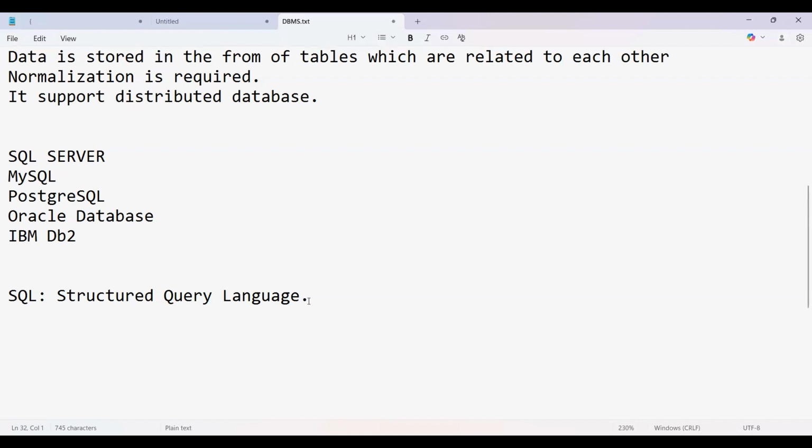This is the real scenario, I'm telling you from real time. SQL has its own importance, and it does not decrease. So what is the use of this SQL?